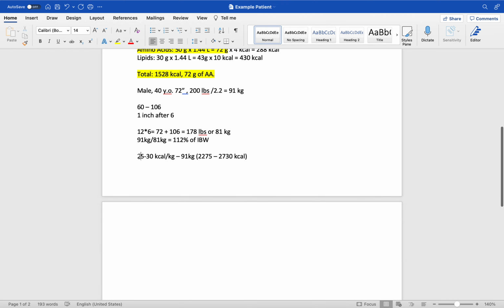I'll bring this down so we can see it. And so for protein, we're going to do 1.0 to 1.2 again, just to keep it simple, per kg. So 1.0 is going to be 91 grams per day, to 1.2 times 91, to 109 grams per day of protein. So this is my protein goal.